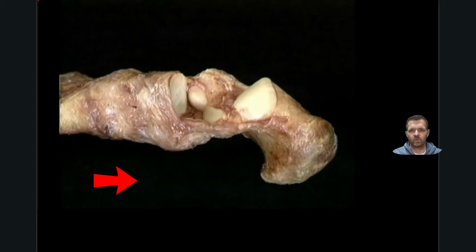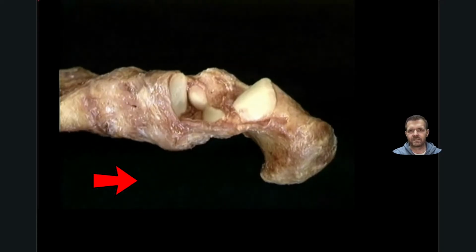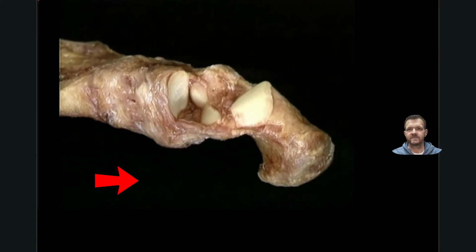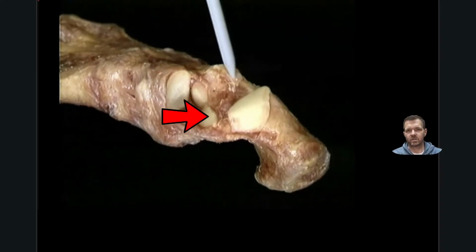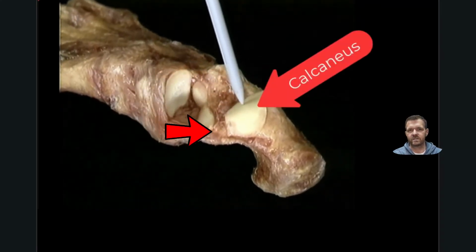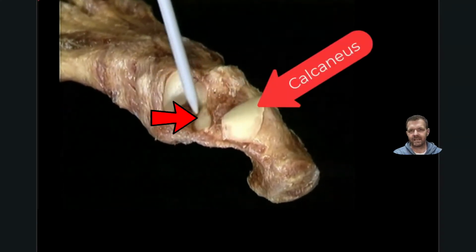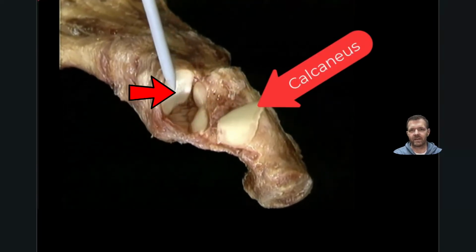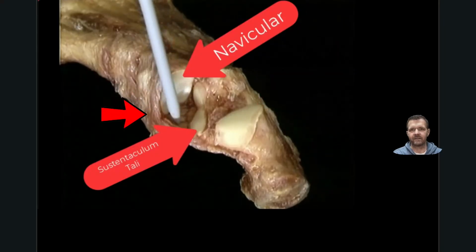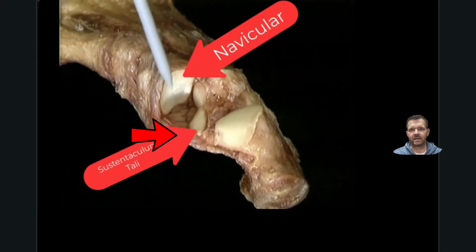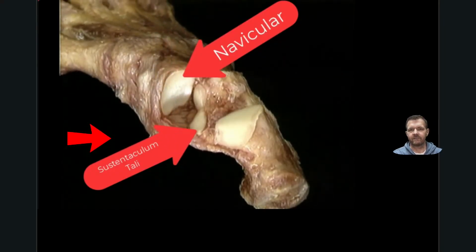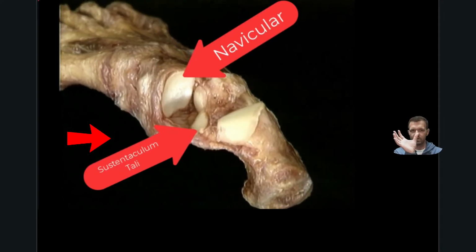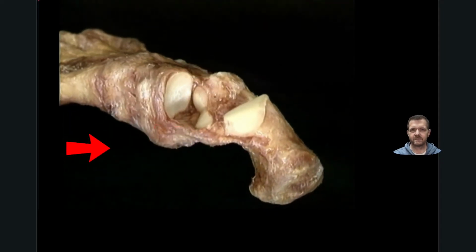What they're going to do in a sec is add the talus in, I hope. But you can see from the top down with the talus removed, that's what the talus sits on. So there's your calcaneus, there's your navicular just there, sustentaculum tali. Those are all the structures that we've just seen on the picture.